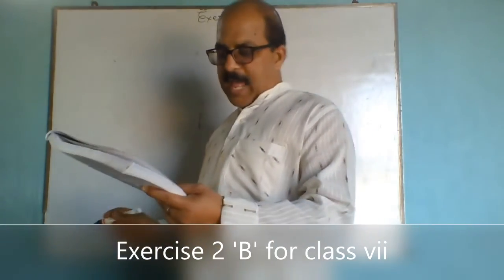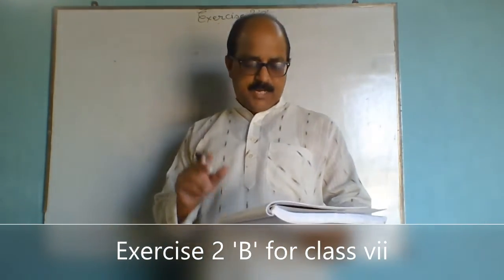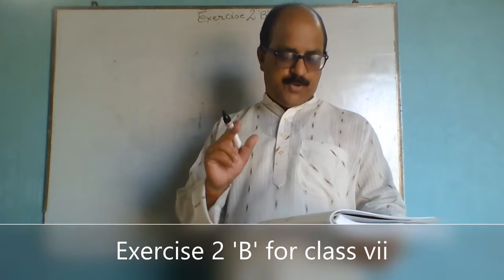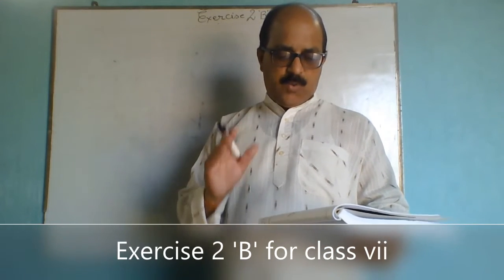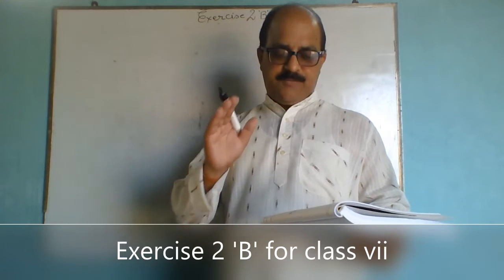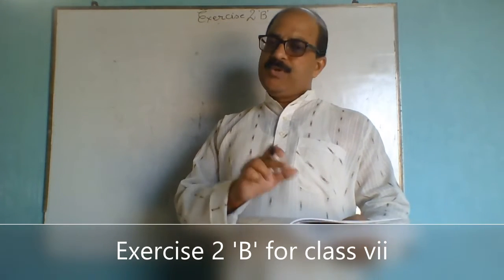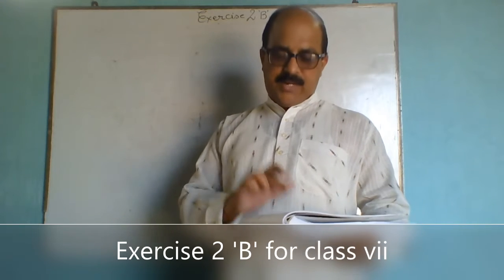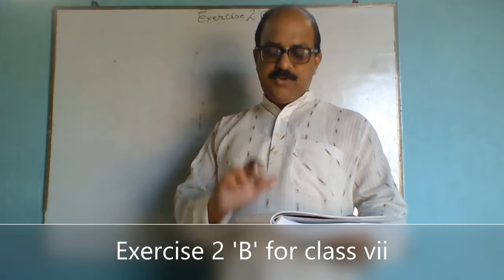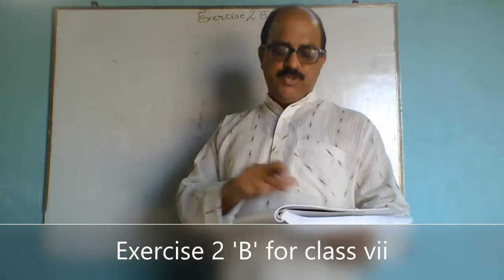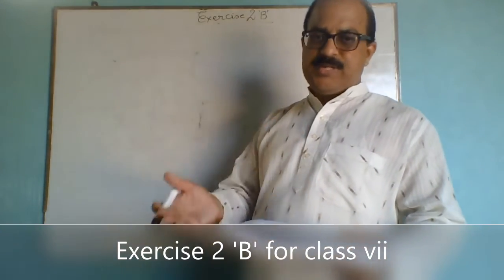Question 4. Apples are sold at rupees 48 whole 4 by 5 per kg. What is the cost of 3 whole 3 by 4 kg of apples? Here the unit value has been given, and whenever it asks for 3 whole 3 by 4 kgs, you will multiply it with the unit value.